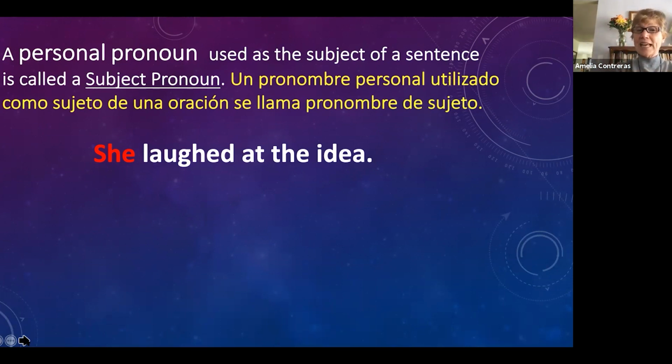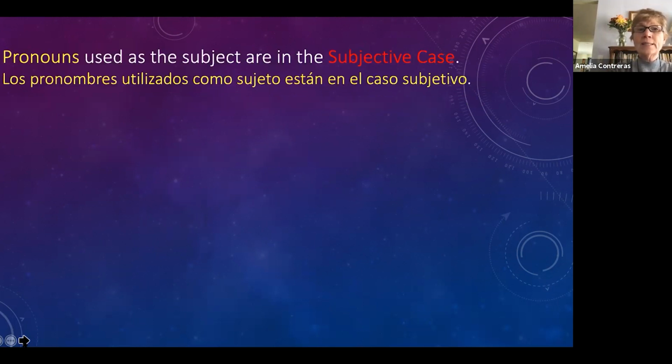But the sentence is about she. And when a pronoun is used as the subject in a sentence, and again, we'll learn about subjects, but for now, this is adequate. What I'm saying, it's the topic of a sentence. You use only subject pronouns. And this is the Spanish translation. She is equivalent to ella in Spanish. Pronouns used as the subject are in the subjective case.